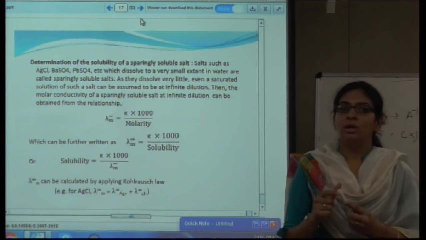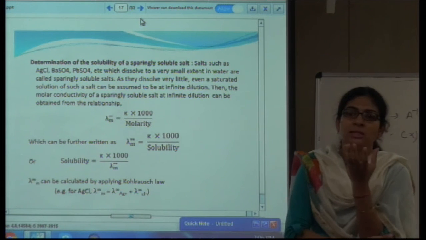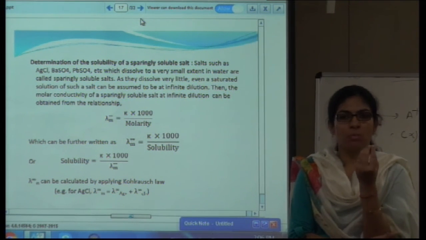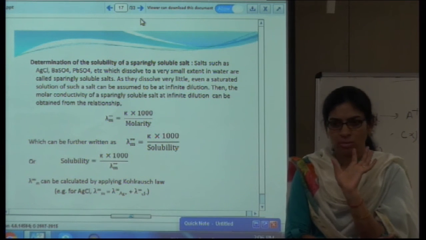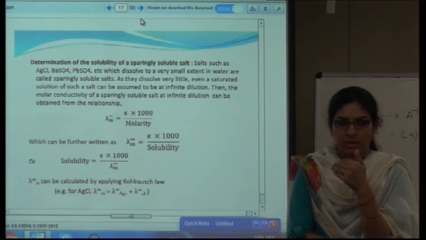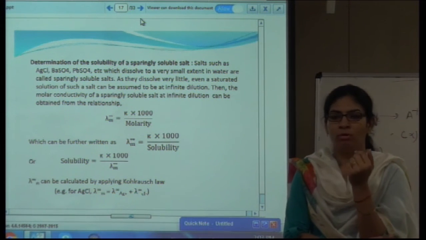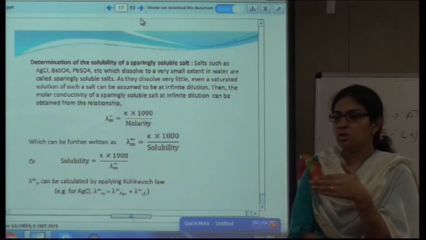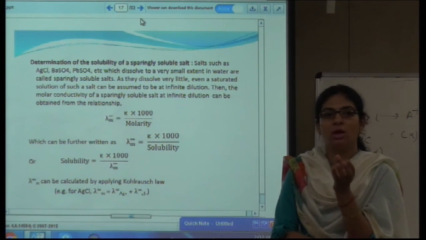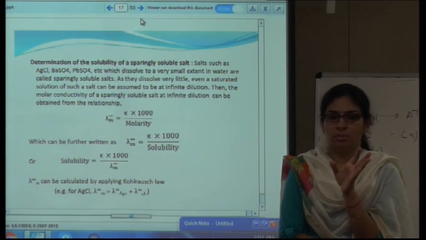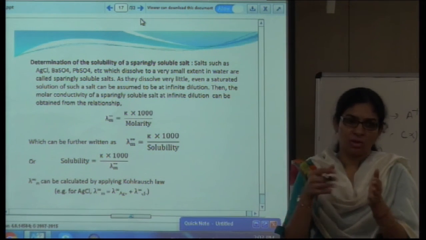So if we define solubility, it means that some salts or substances are more soluble and some are less soluble, you know that, right? So AgCl, for example, lead sulfate, PbSO4, are called sparingly soluble salts, because compared to NaCl, which will dissolve immediately, if you try to dissolve AgCl, you will not be able to dissolve it so easily, because of its interaction also.